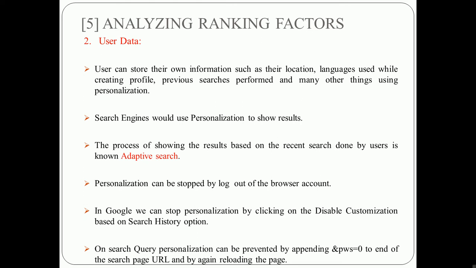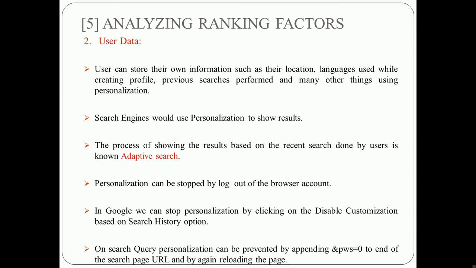Users can store their own information, such as their location, language used while creating a profile, and previous search performance, using personalization. If you are using social media or any website, you can provide this type of information: location, language, profile, and previous searches.